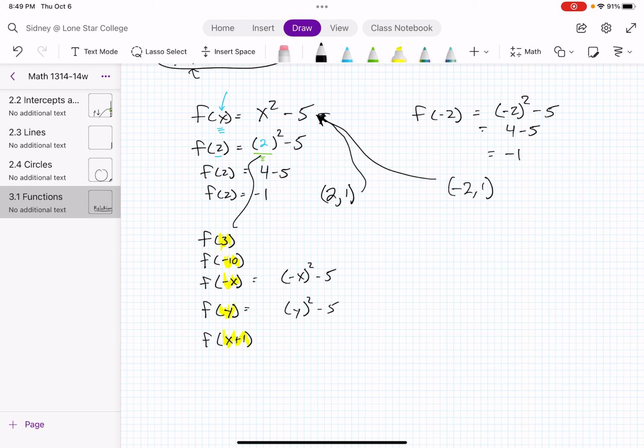So this means I'm going to plug in x plus 1 everywhere there's an x: x plus 1 squared minus 5. You plug in whatever you're asked to plug in. So f of x is our normal starting point, and it says evaluate for these different things. All these different things simply mean plug in whatever's in there back into where x was in the given function.